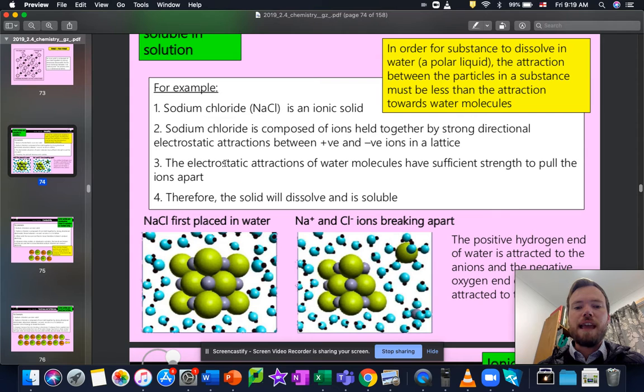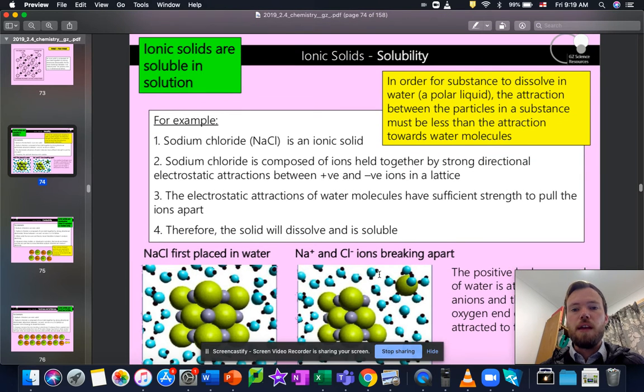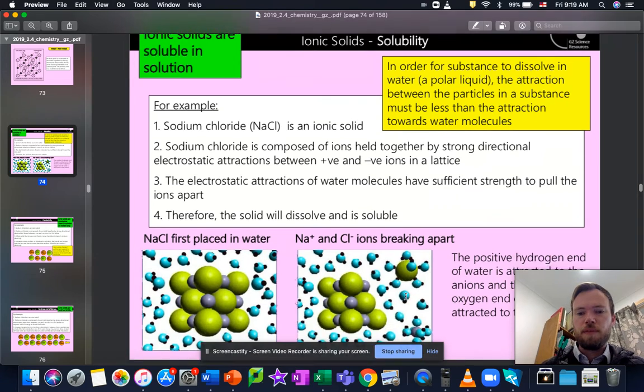So water is able to overcome the electrostatic attraction of the ions to the other ions, and therefore pull the ions apart. And that's why it's soluble. So ionic solids are soluble in water, generally.